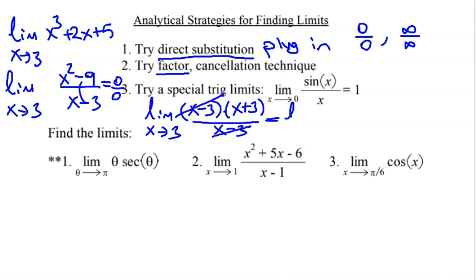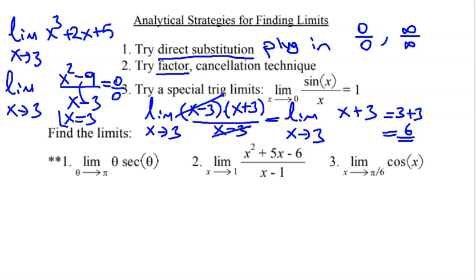Then we end up with limit as x approaches 3 of x plus 3, which is a polynomial expression, very safe to apply plug-in. So we get 3 plus 3, and the answer is 6. Which means at x equals 3, the graph of this rational function has a hole, and that is causing the discontinuity.